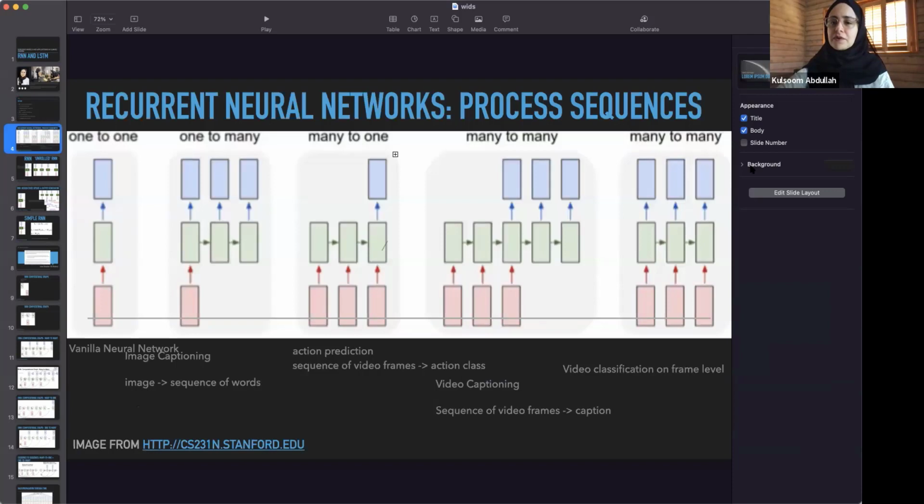Okay, so to start with, recurrent neural networks. The difference between these and, say, your traditional deep learning, which you'll see on the very left, the one-to-one. With deep learning, you'll have an input, and then you'll have some architecture in the middle to process it.